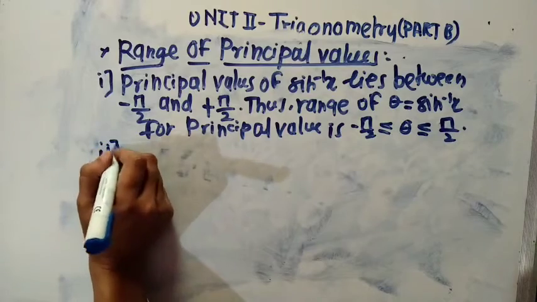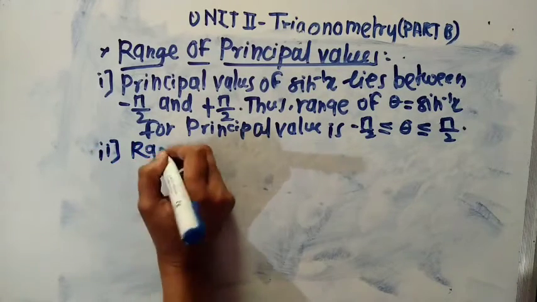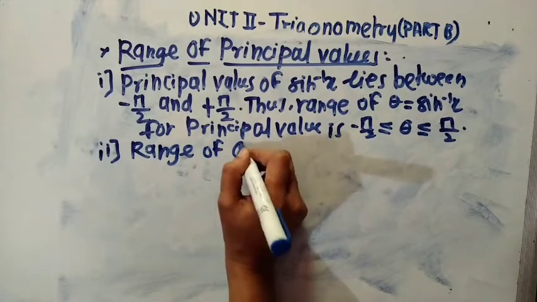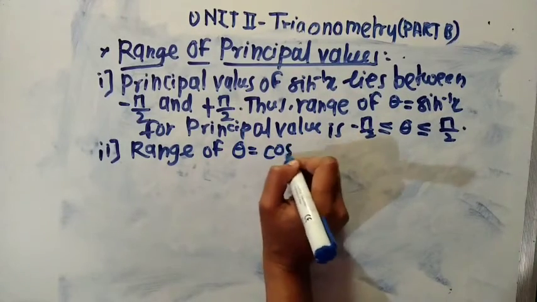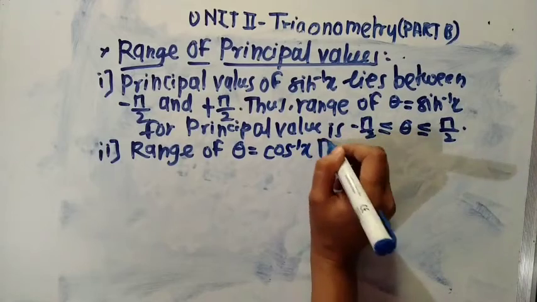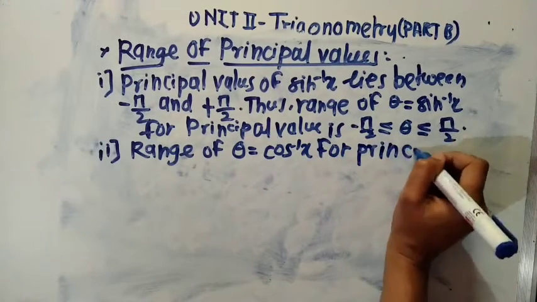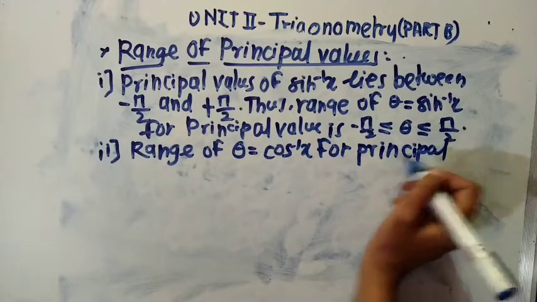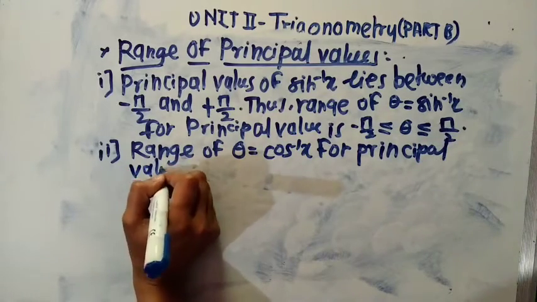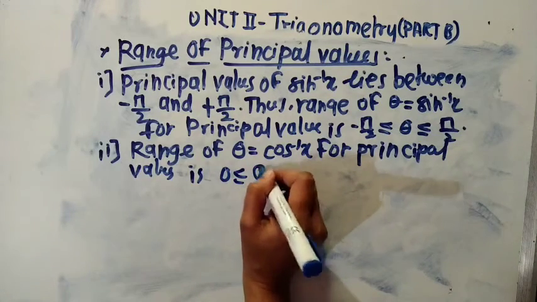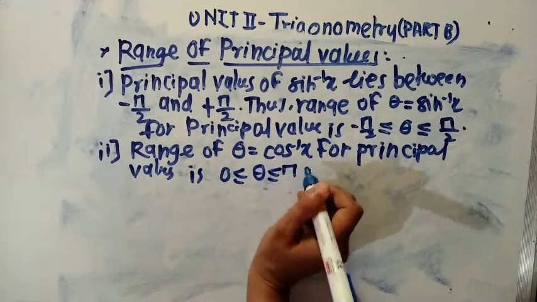Second, the range of theta is equal to cos inverse of x for principal values is 0 less than or equal to theta less than or equal to pi.